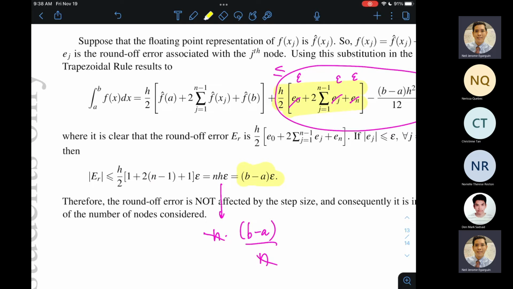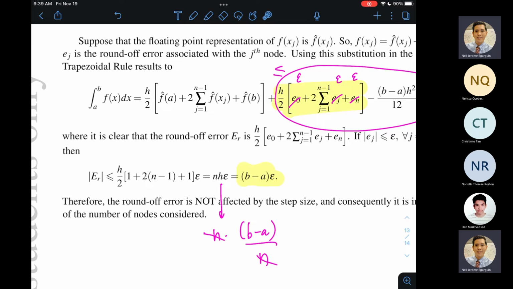And the beauty about that is hindi siya dependent kay h. Nakadepende siya dun sa haba ng original interval times epsilon. So it seems that from this analysis alone, we can conclude na hindi magiging problema yung dami ng subintervals na ginamit.